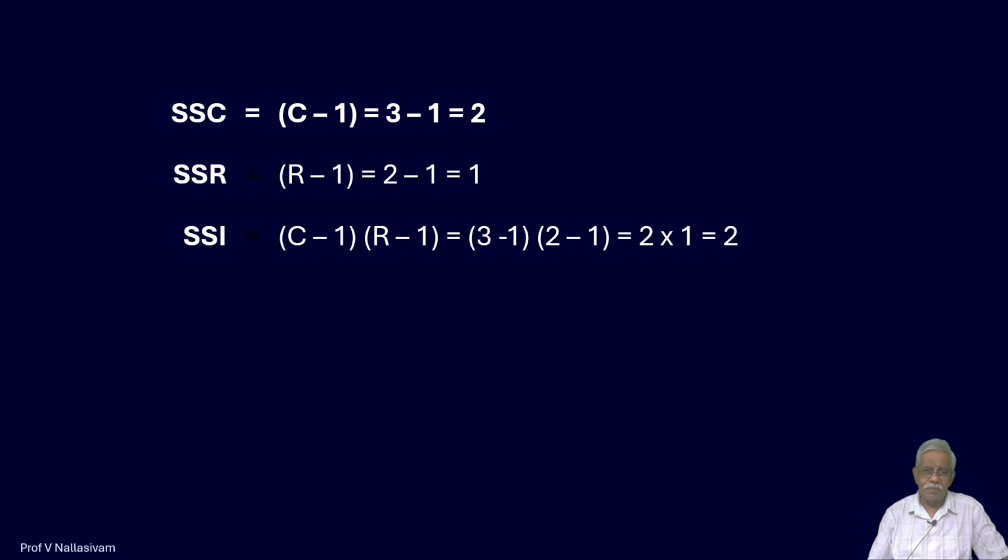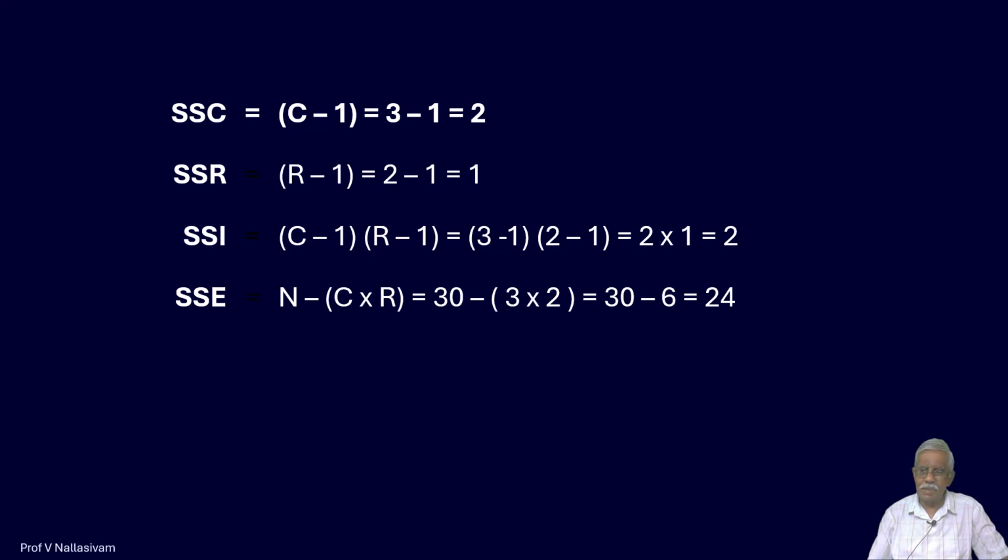Degrees of freedom of SSI is capital C minus 1 times capital R minus 1. Then degrees of freedom of SSI is 3 minus 1 times 2 minus 1, 2 times 1, 2. Degrees of freedom of SSE is capital N minus C times R, where capital N is the total number of observations.